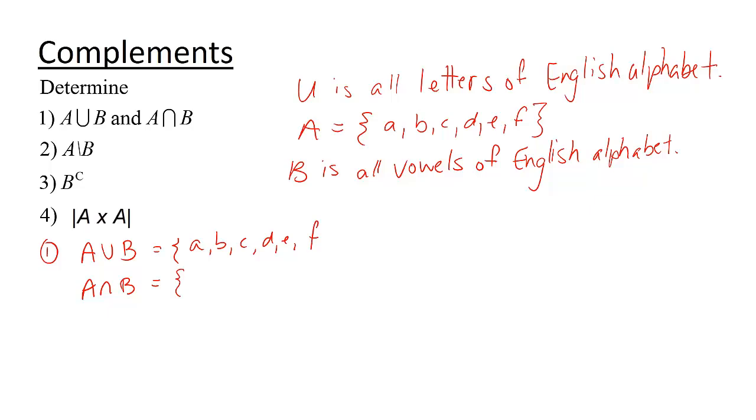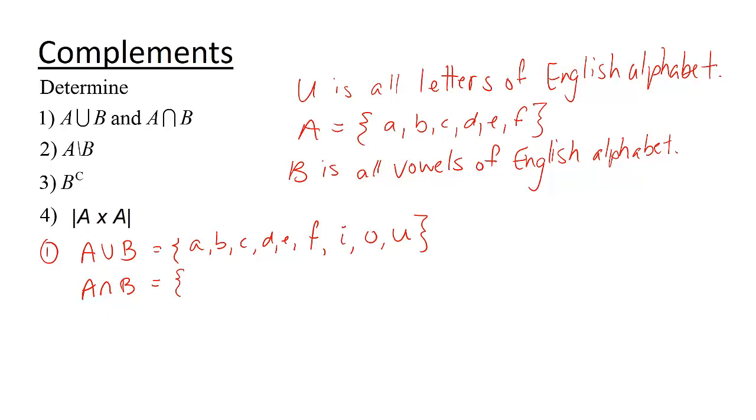These are all of the elements in A. And then we add to that all of the vowels that aren't already present: A, E, I, O, and U. Of course, the order doesn't matter, so if you had this list written in a different way, that's totally okay.